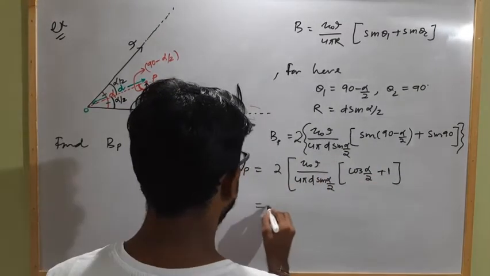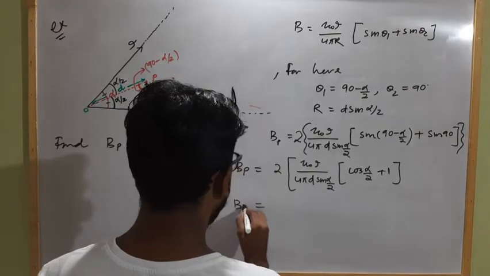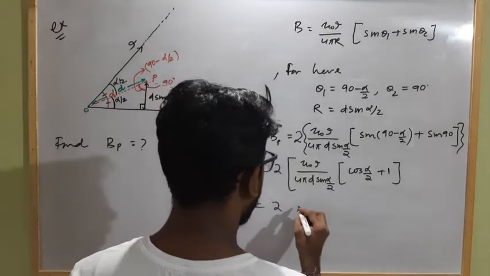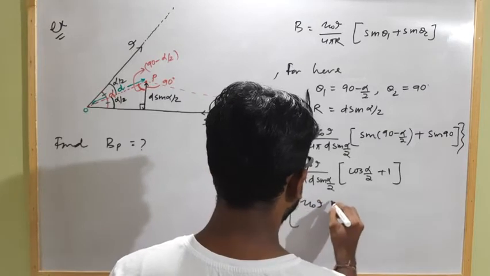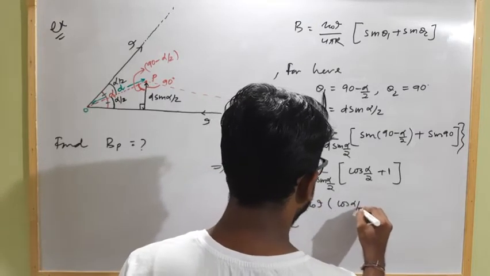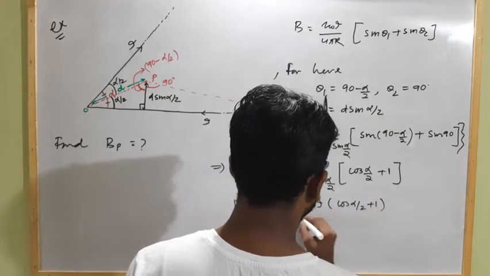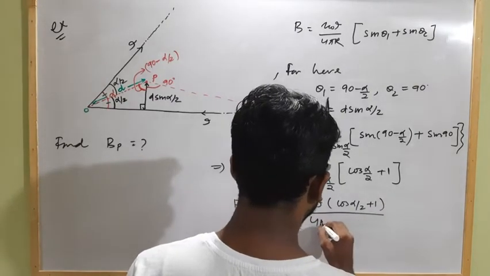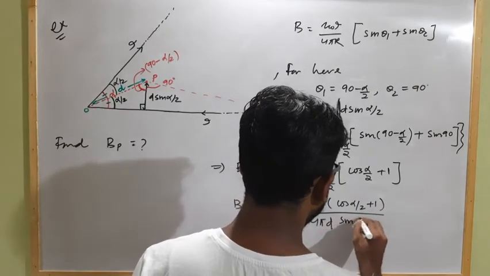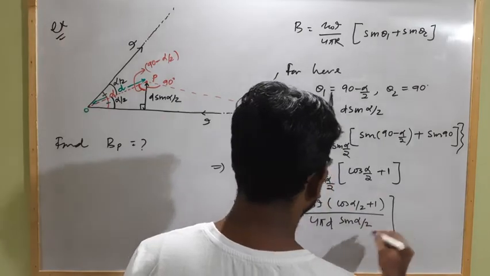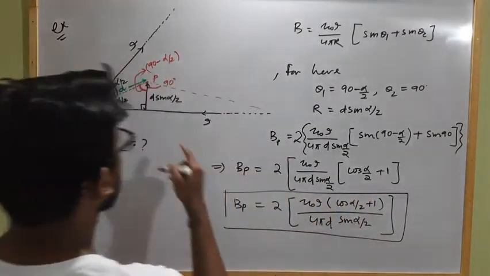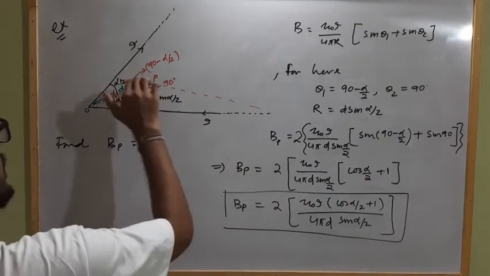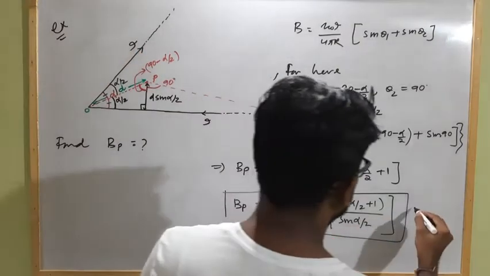So B at P will be 2 into mu naught I into cos alpha by 2 plus 1 divided by 4 pi D sin alpha by 2. This is the expression for the net magnetic field strength at point P, and the direction will be inward.